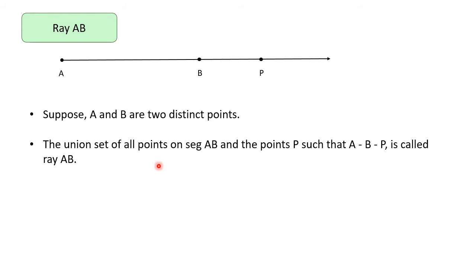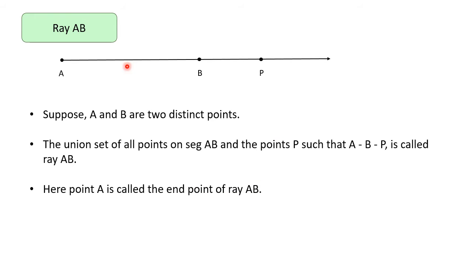So what does ray AB have? It has union set of all the points between A and B also, and it goes on towards point P also. It will keep on going towards infinity. That's why it has arrow. This definition is not that difficult. Try to understand in a simple manner. Next point is, here point A is called as end point of ray AB, right?